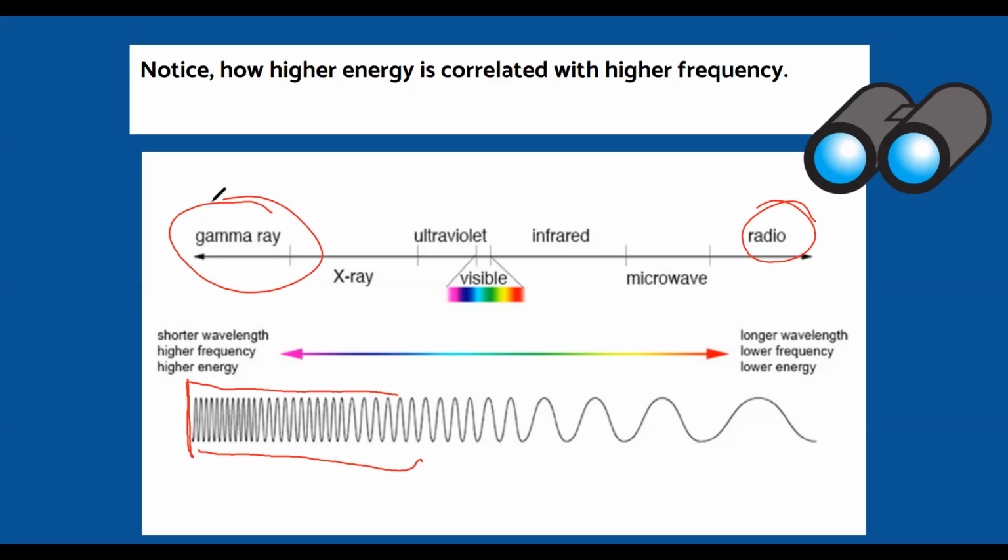If you guys say radio waves, that is not the answer. It is gamma rays. Gamma rays are going to have more energy because they are more frequent. So that is the correlation between frequency and energy. The more frequent it is, the more energy the wave is going to have.